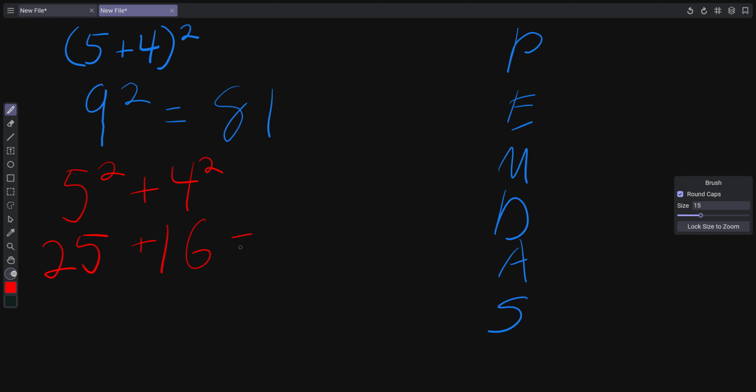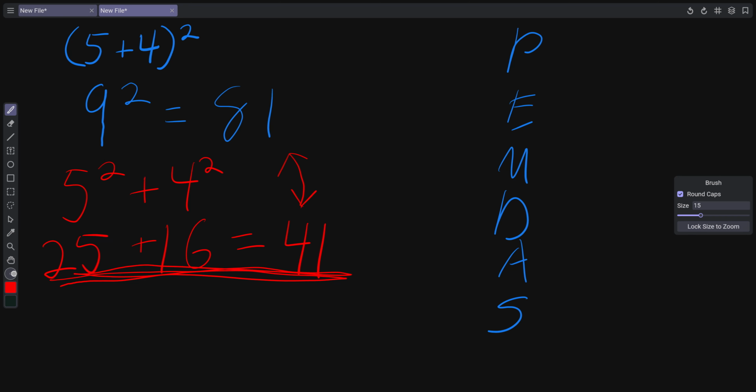We add these together: 25 plus 16 equals 41. And we could see that we've gotten 2 very different answers here. So this should be a good clue that this is not the correct way to go about solving the previous problem.